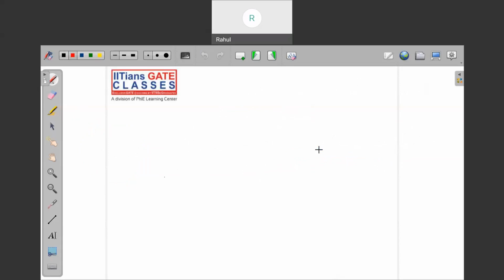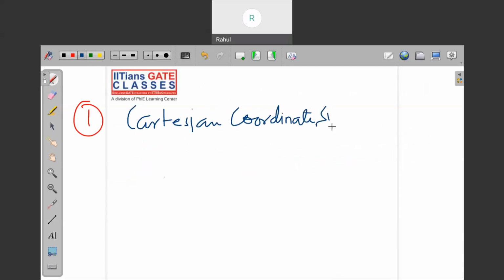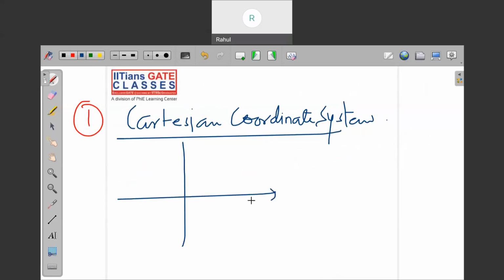So the very first coordinate system which we will talk about here is the Cartesian coordinate system. If I talk about the xy plane in the Cartesian coordinate system, it follows the right-handed system, the right-hand rule.